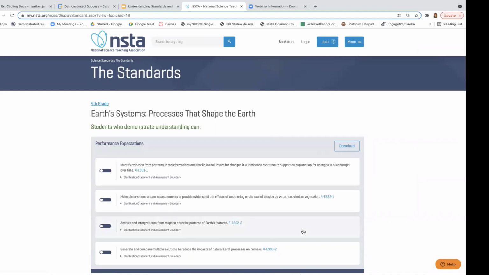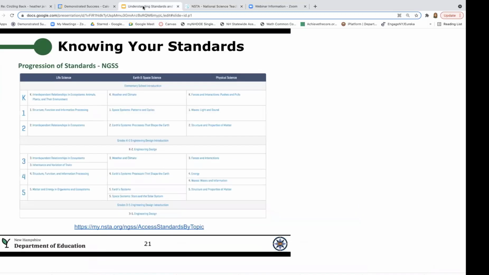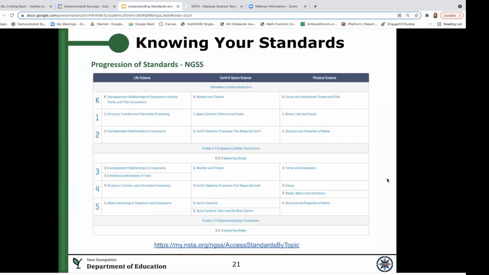Melissa White from the Department of Education pointed us in the direction of this, and I feel like it's a really nice way to be able to see the science standards a little bit differently. The Next Generation Science Standards website is great, but the way this is organized is just better for my brain for some reason. So I wanted to point you in the direction of this site.